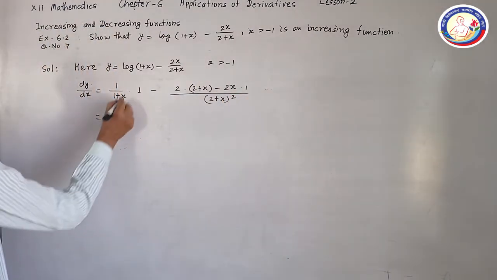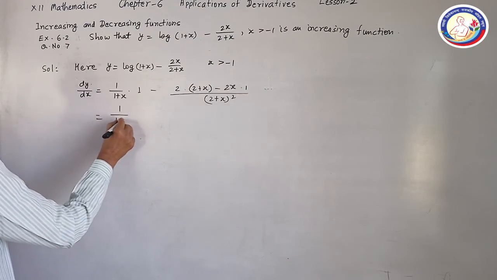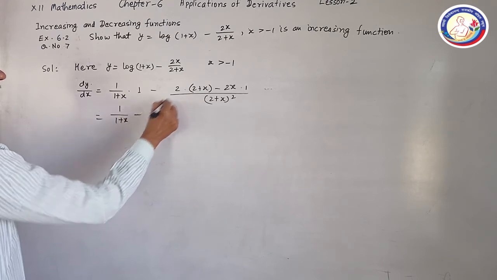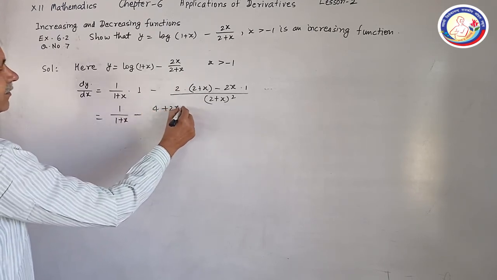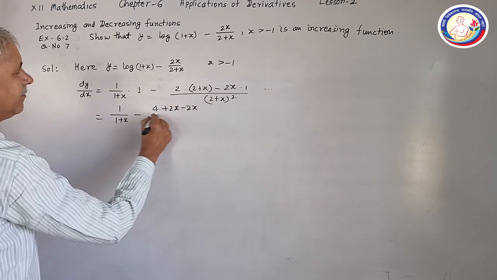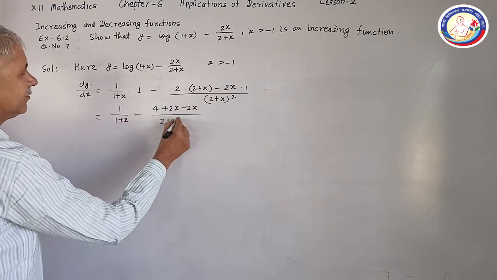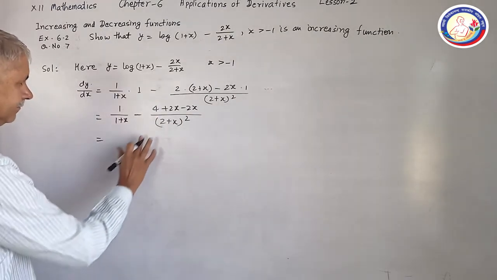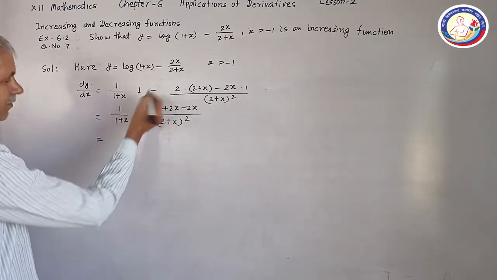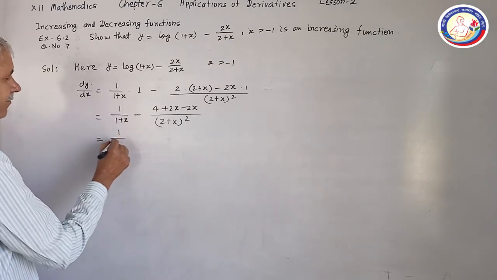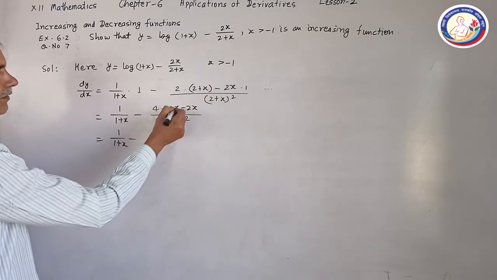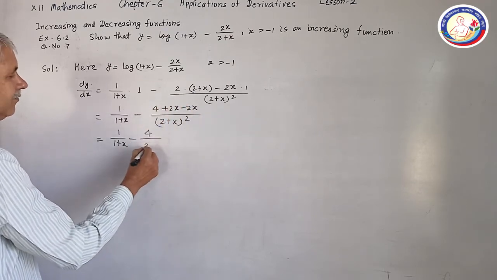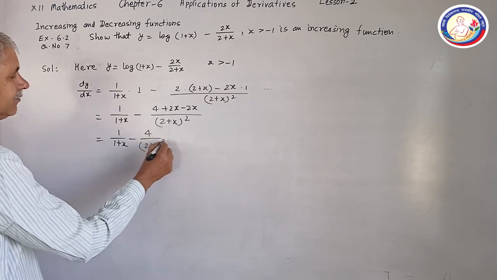Now proceed further: 1 upon 1 + x minus (4 + 2x - 2x) divided by (2 + x) whole square, equal to, solving further, 1 upon 1 + x minus 4 upon (2 + x) whole square.